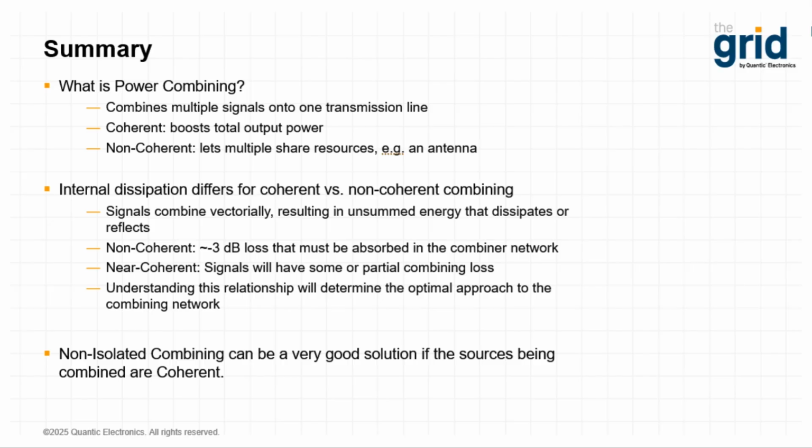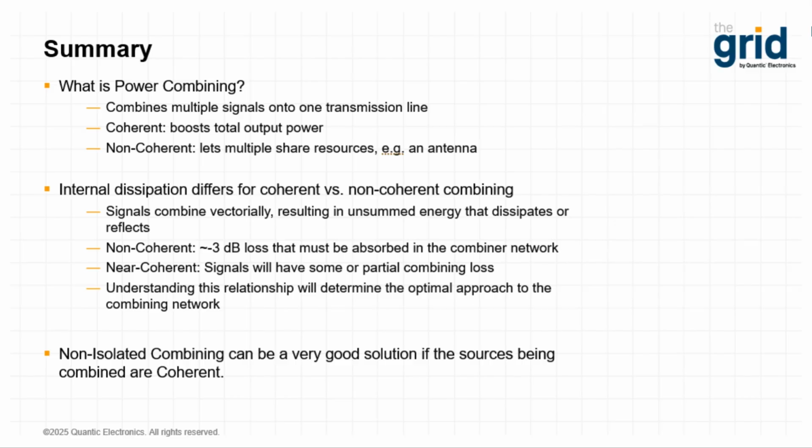Internal power distribution for coherent and non-coherent signals. Signals combine vectorially, resulting in unsummed energy that needs to get dissipated. Non-coherent energy, if it's completely different, you lose about half your power, about 3 dB, that needs to be absorbed in the combining network.